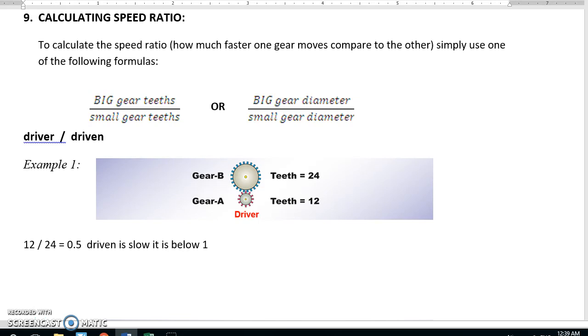But if you use 24 divided by 12, you'll get how fast the driver will be going, which is 2 times faster than the driven.